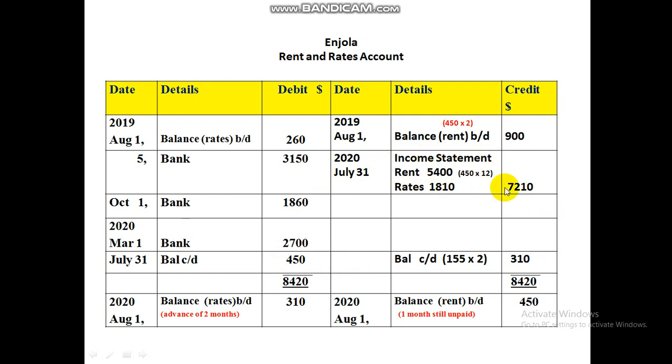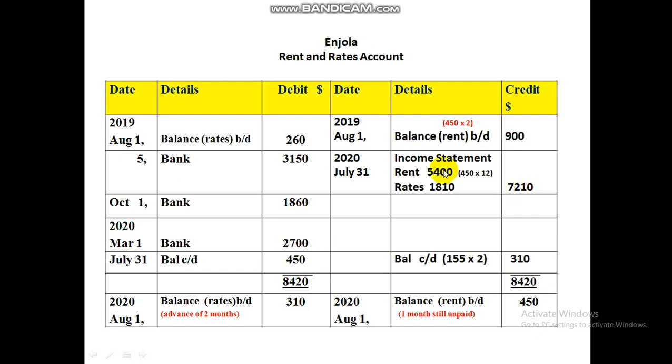We will be able to calculate the amount of income statement for the actual rent and rates which is missing on the credit side. If we complete the debit side, both ledger balances will equalize. After equalizing, we know the balance CD amount. We will subtract the balance CD and this balance BD. We'll get the income statement transfer as the difference amount, that was 7210.